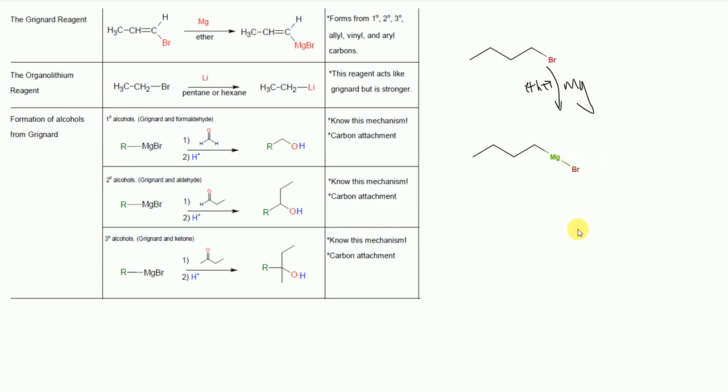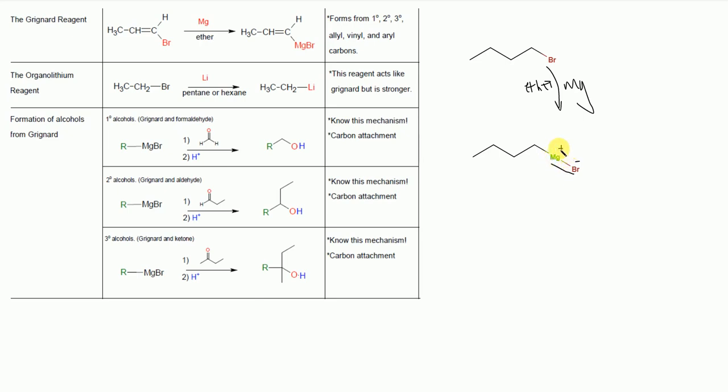What happens is the Mg is going to, and this is not a covalent bond right here. This is an ionic interaction. I just didn't have a way to show ionic. So it's Mg plus and Br minus. There's a positive charge over here, and a negative charge over here.